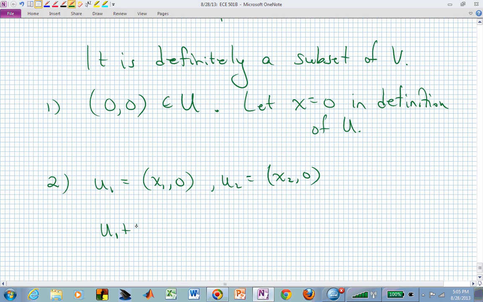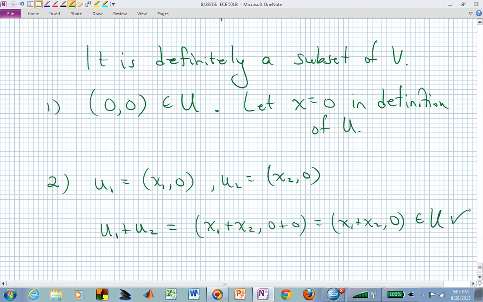Now we need to see if their sum, U1 plus U2, is in the subset U. This is x1 plus x2 comma 0 plus 0, which is x1 plus x2, 0. Well, that's just some possibly non-zero value in the first element and 0 in the second element, and that was, by definition, what U was. So it is in the subset U.